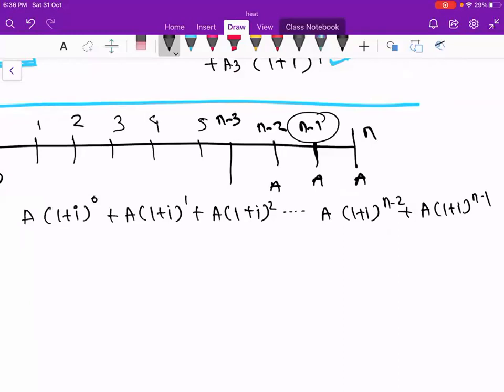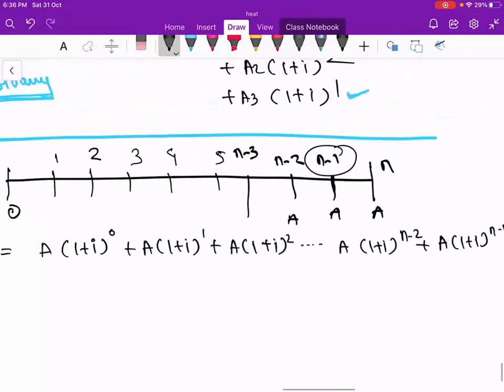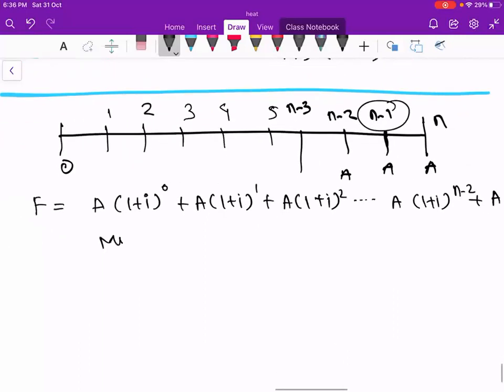What you do, multiply the equation by (1 plus i). See, this derivation is not important from the GATE point of view, I'm just telling. So what will we get?